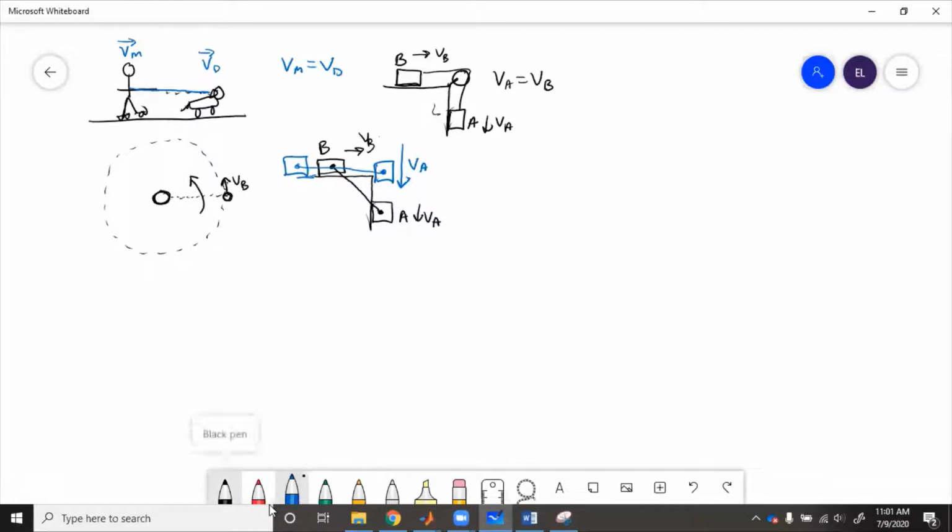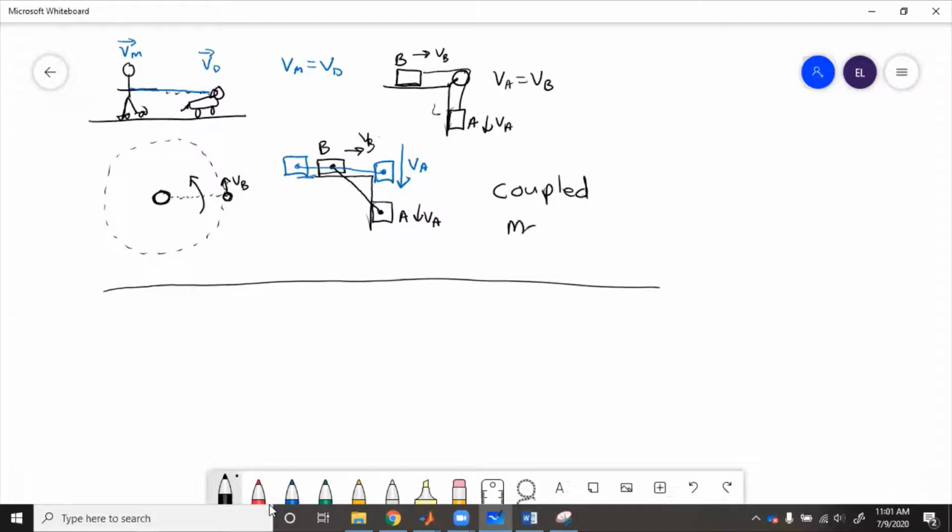But one very common application of coupled motion is a pulley system. So I'll say this is coupled motion. Now, pulleys.